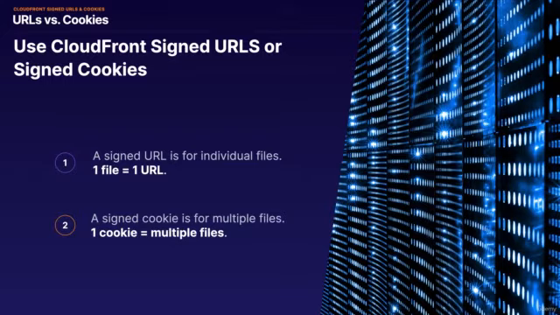So if you get a scenario-based question about premium content, where they need to view a whole bunch of different video files, then you will be using a cookie. If it's just one file, then you can use a signed URL.